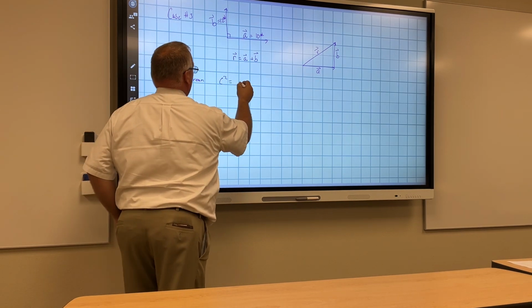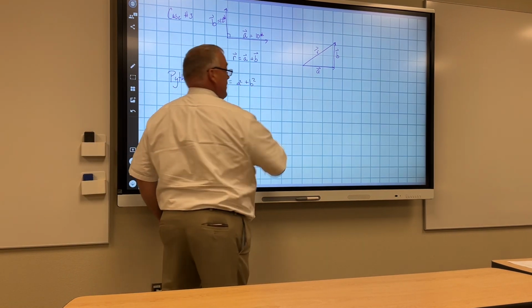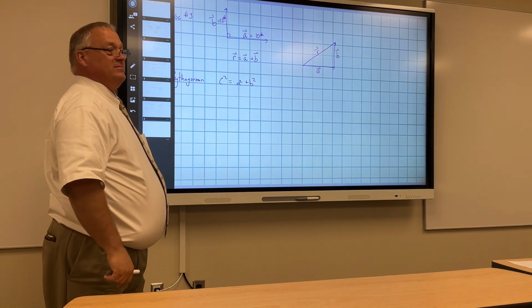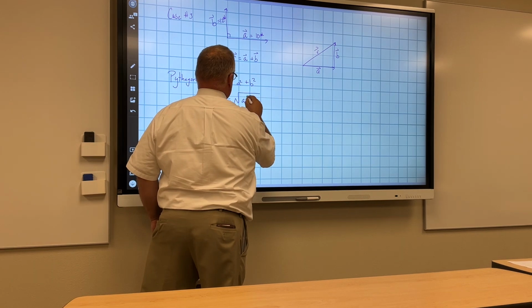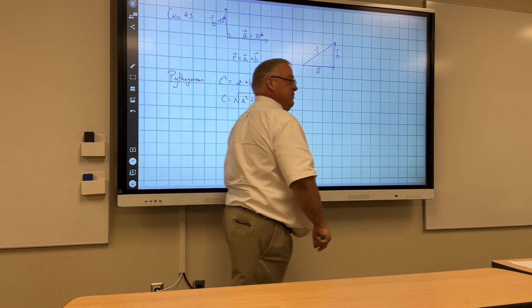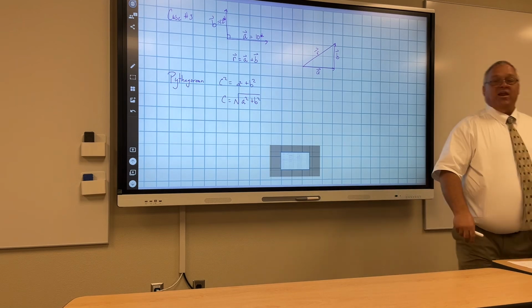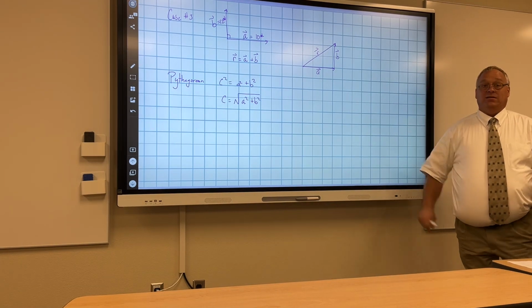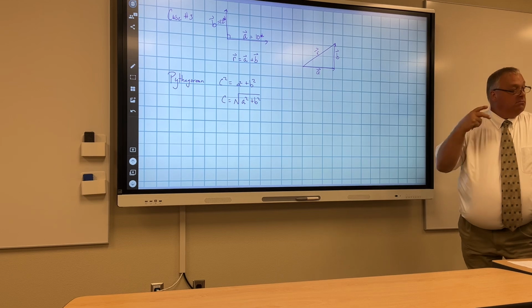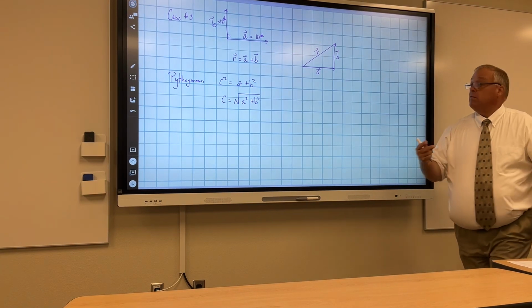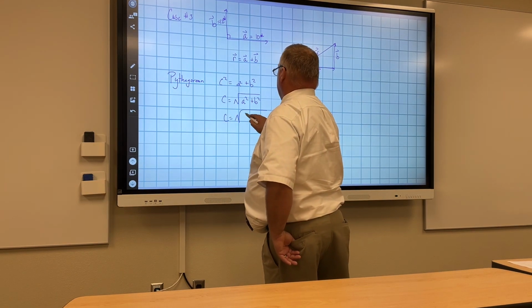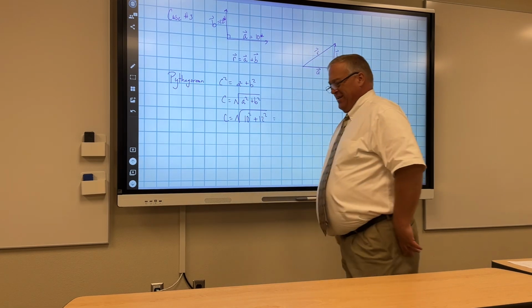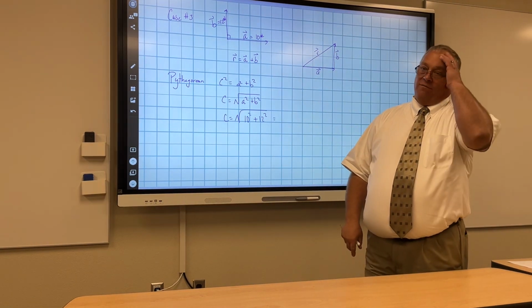C squared is equal to A squared plus B squared. Or C is equal to the square root of A squared plus B squared. So I can find the length, the magnitude, of my side. So C would be the square root of 10 squared plus 12 squared. That's 100 plus 144, so that's 244.